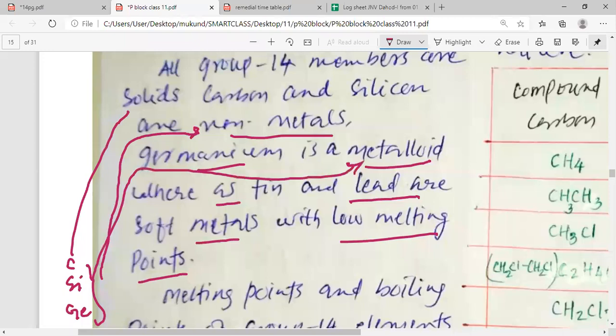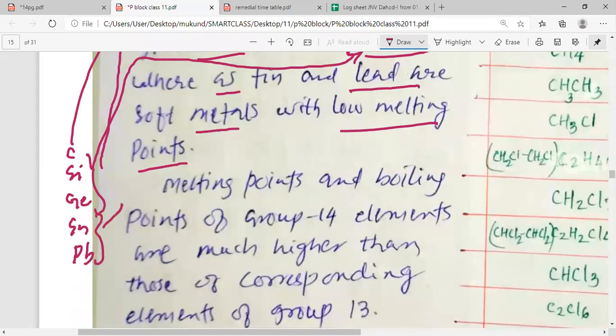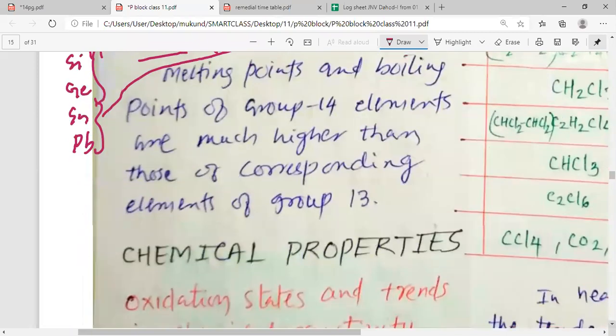Whereas tin and lead, Sn and Pb, are soft metals with low melting points. This is how you can easily understand the physical state and their metallic and non-metallic character.